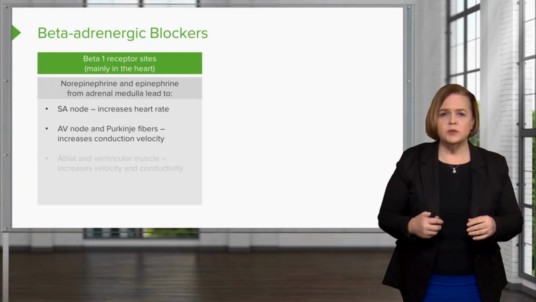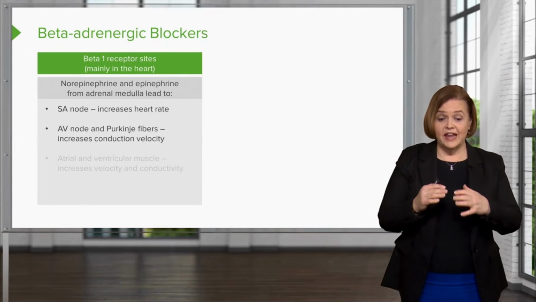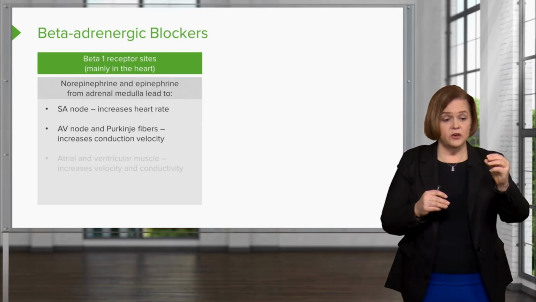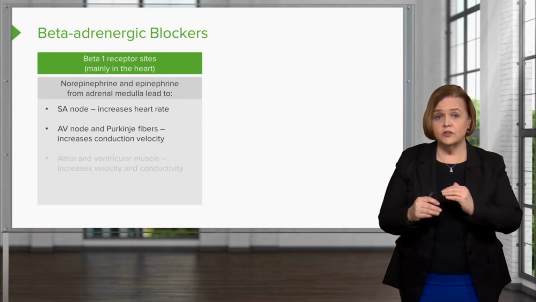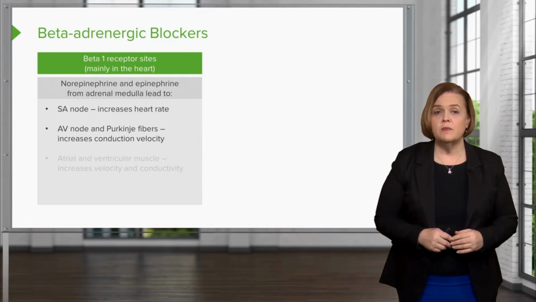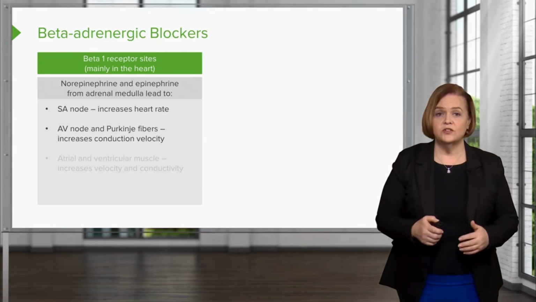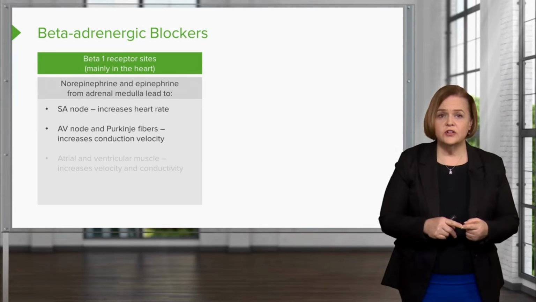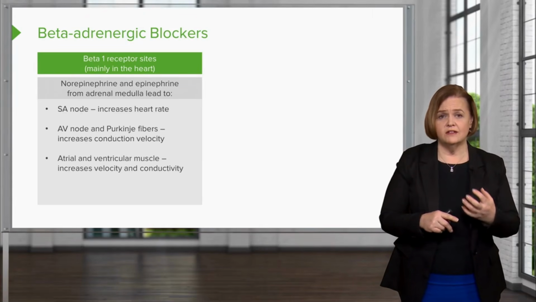And the AV node and the Purkinje fibers also increase their conduction velocity. So the beat goes SA node, AV node, Purkinje fibers. That's how a beat goes through the heart. When you receive norepinephrine and epinephrine into those receptors, zoom, it goes through faster. So your heart rate is faster, and the atrial and the ventricular muscles increase in velocity and conductivity.